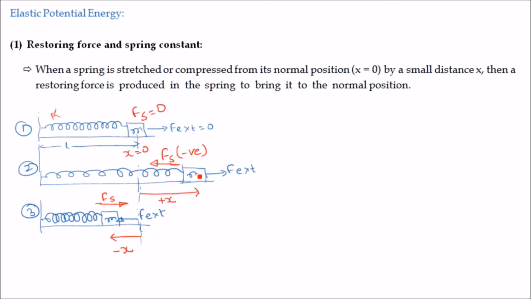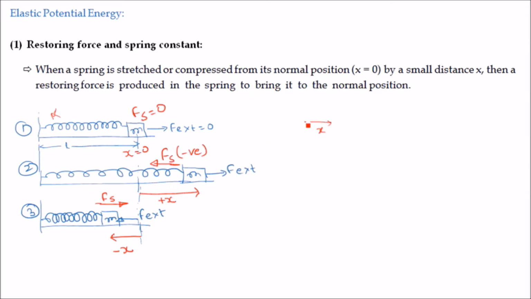Now we will learn the direction of this spring restoring force. Suppose when we stretch the spring by a length equal to x, due to this expansion a restoring force is produced in the opposite direction of this displacement. That is, the restoring force is produced towards the minus x axis.